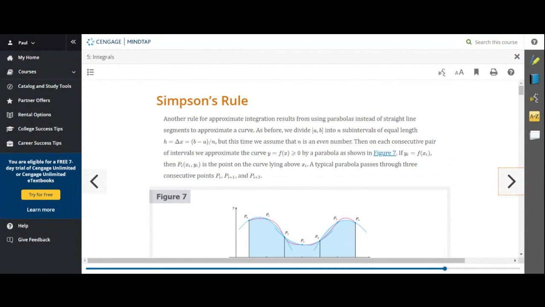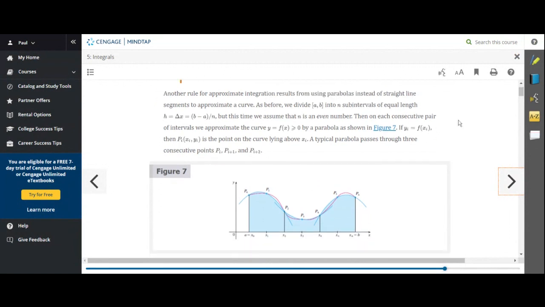With Simpson's rule, for each subinterval, you find the midpoint of the subinterval, and then with those 3 points, the left endpoint, the midpoint, and the right endpoint, you can pass a parabola through the corresponding points on the curve, and you can find the equation of the parabola.